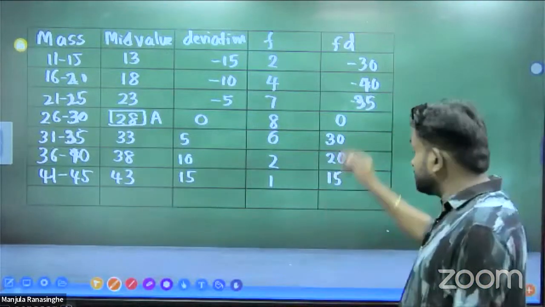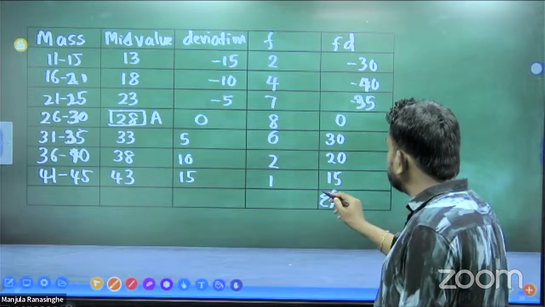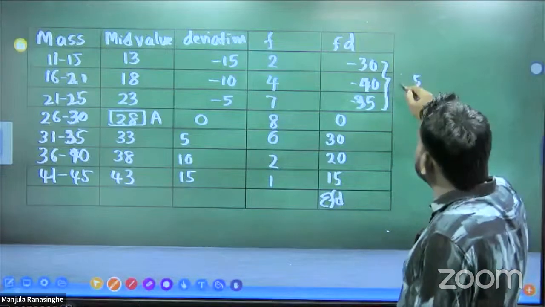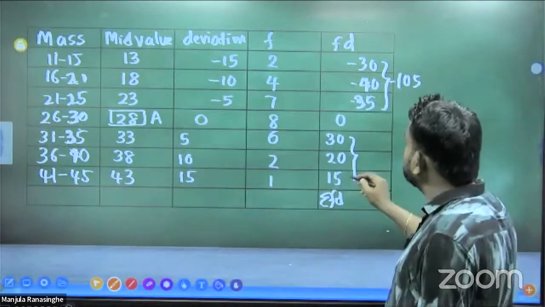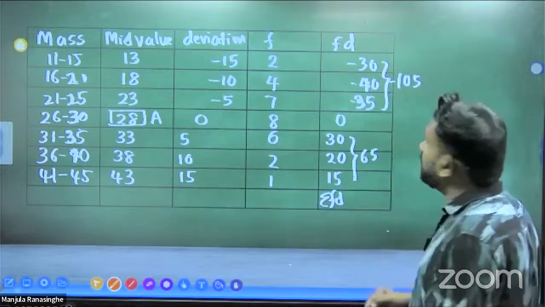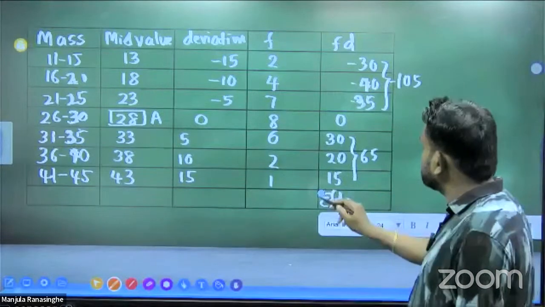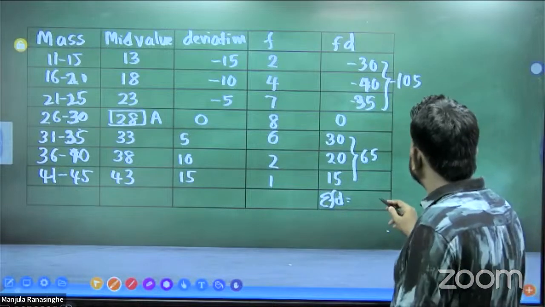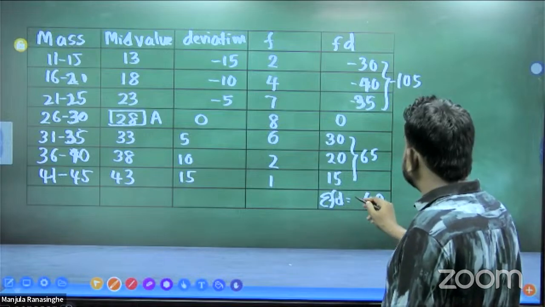So now we check the sigma FD, the sum of the FD column. To find the sigma FD, we take the sum of these. It becomes negative 105, then positive 65. Negative 105 plus 65 means that is negative 40.